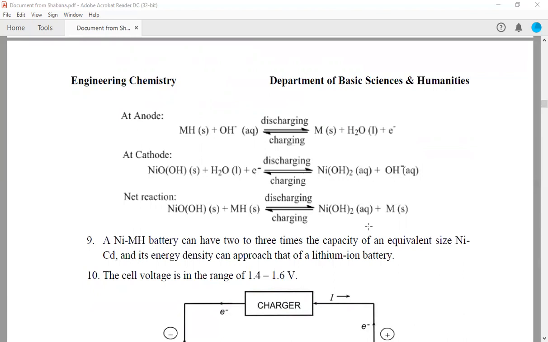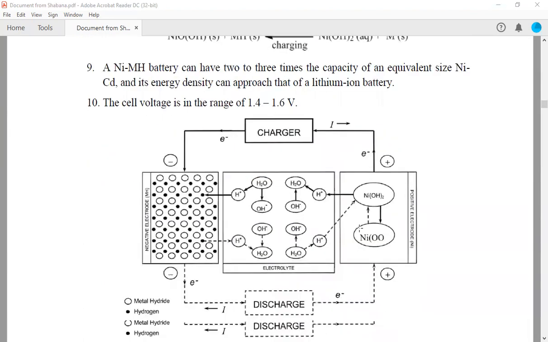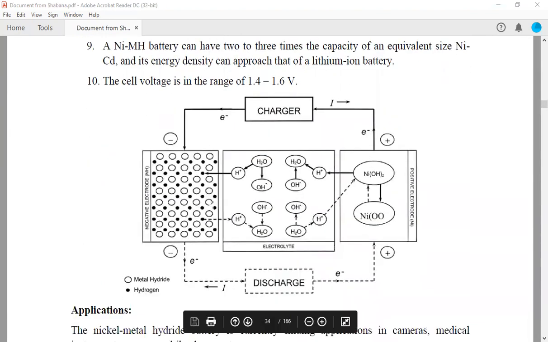A nickel metal hydride battery can have 2 to 3 times the capacity of a nickel cadmium battery of equivalent size, and its energy density approaches that of the lithium ion battery. And the overall voltage will be in the range of 1.4 to 1.6 volts. So this is the construction of the nickel metal hydride battery.